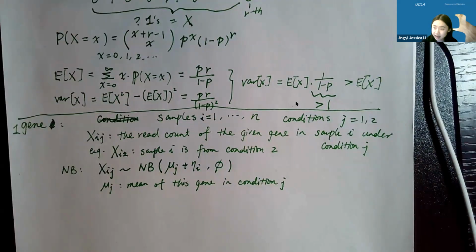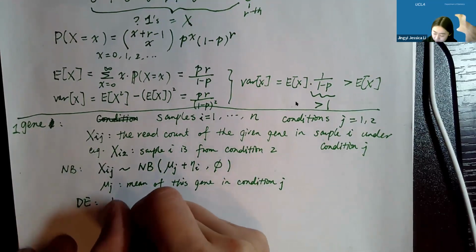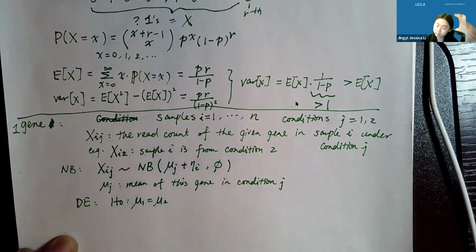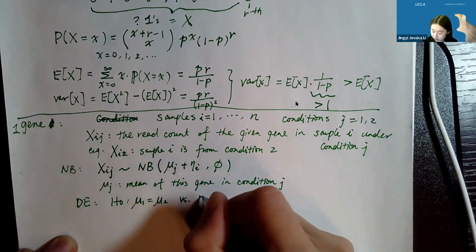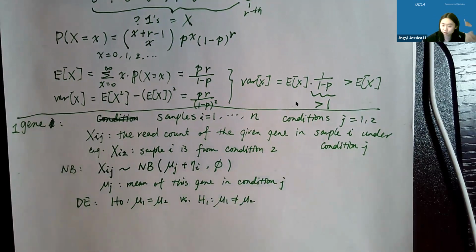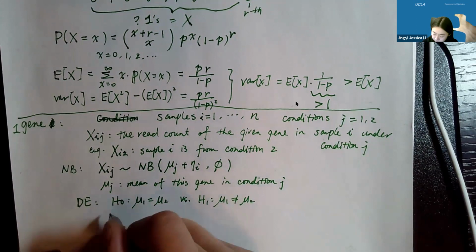So under this framework, if we want to test for differential expression, for the DE question, then the null hypothesis is mu_1 equals mu_2. The alternative is mu_1 doesn't equal mu_2. If you're going to address this question, then the problem left for you is to use data to estimate mu_1 and mu_2.